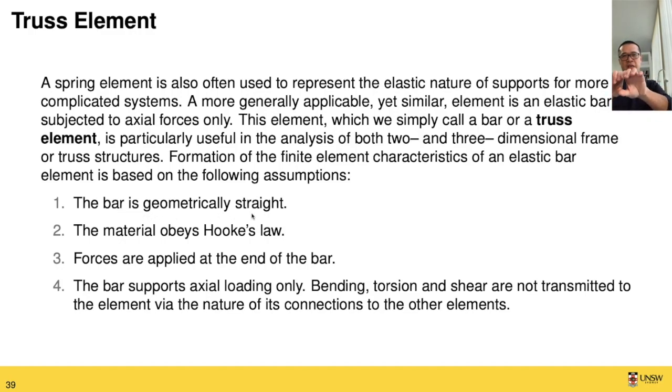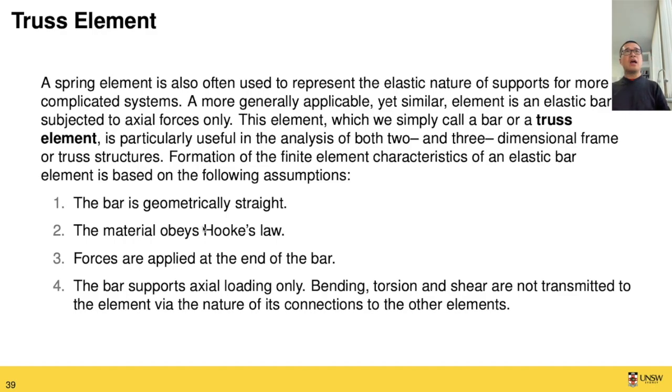So it has a very simple geometric shape and a simple uniform cross-sectional area. Whether it's round or square is not critical, as long as the distribution of the cross-sectional area and the mass is uniform across the element.